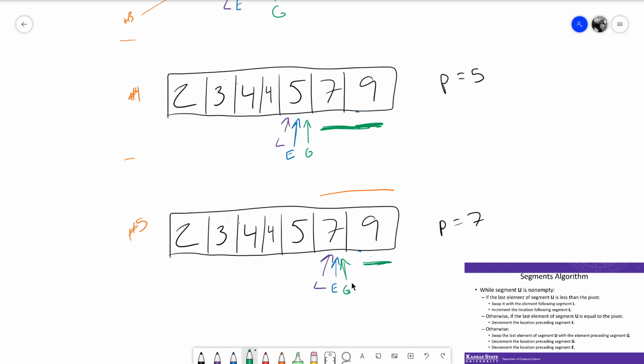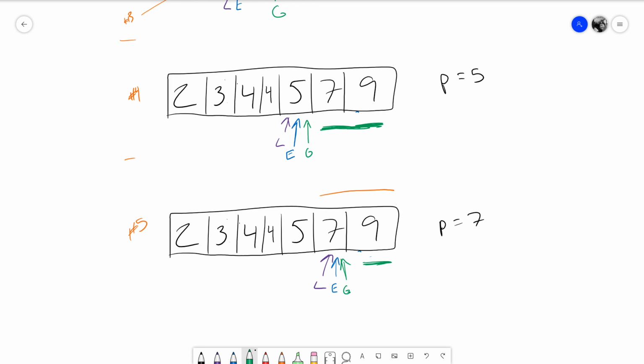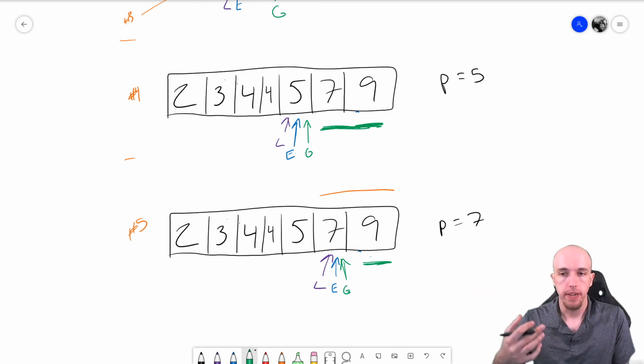Now, quicksort again would still be called here on the less than portion and the greater than portion. But there's not more than one element in each portion. And so we end up getting it in sorted order. So that's pretty much it.